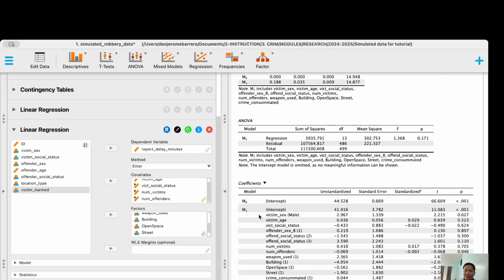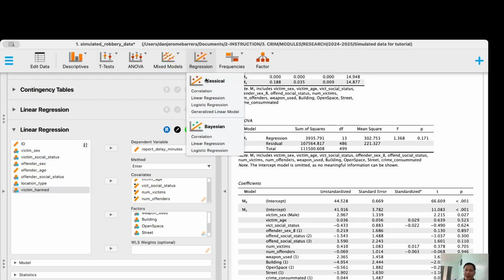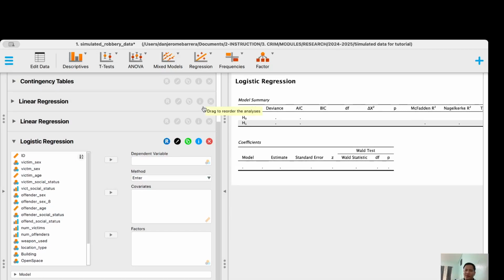So let's start. Where can we find the binary logistic regression? We return to regression button. Click it. Then look for logistic regression. Now, we have dependent variable, covariates, and factors.